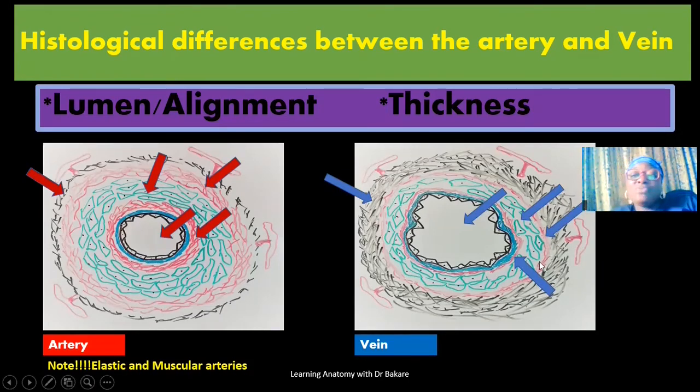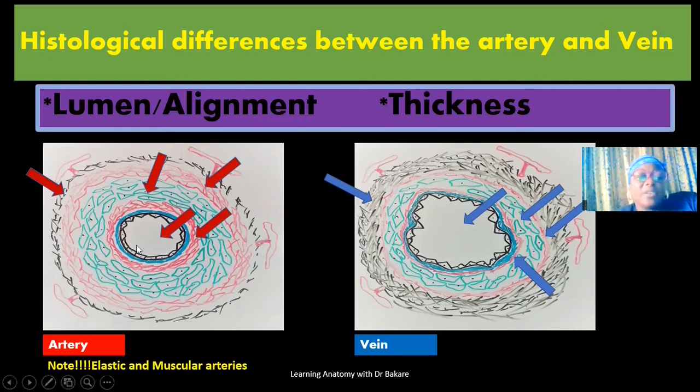And if we try to relate the histology with the gross presentation and also the functions that the arteries and the veins perform, if you remember a lecture on arteries versus veins, we tried to establish that in the artery, blood flows under high pressure. And for blood to flow under high pressure, it needs a strong momentum to drive that.